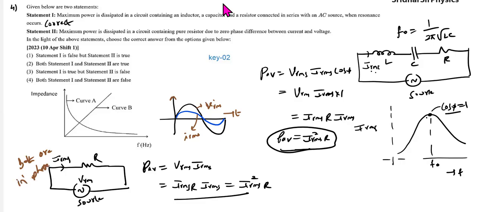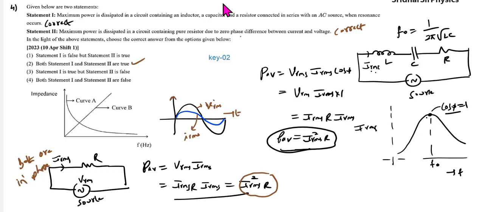So therefore here also the maximum power dissipation will be there. Agree with this? So this statement is also correct. So which will we pick? We will take option 2.